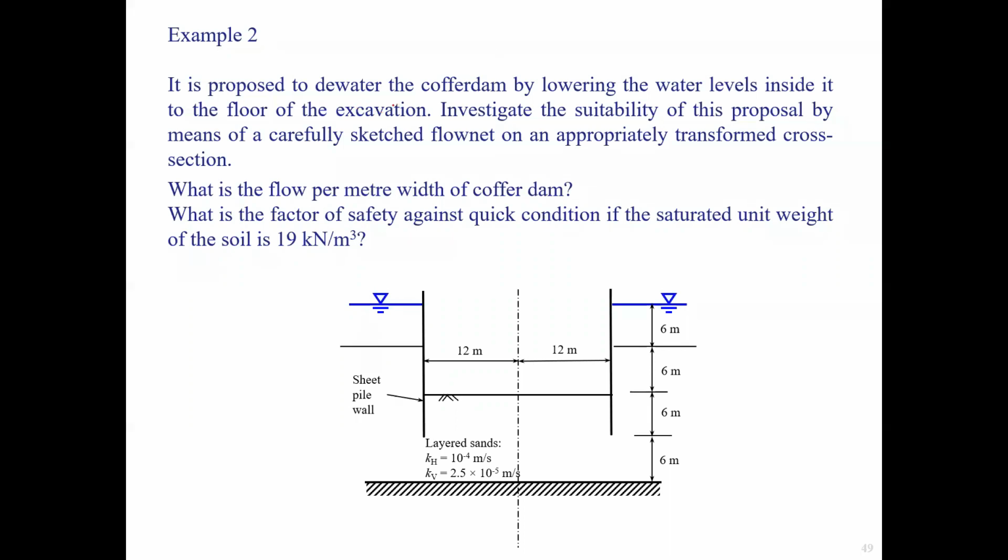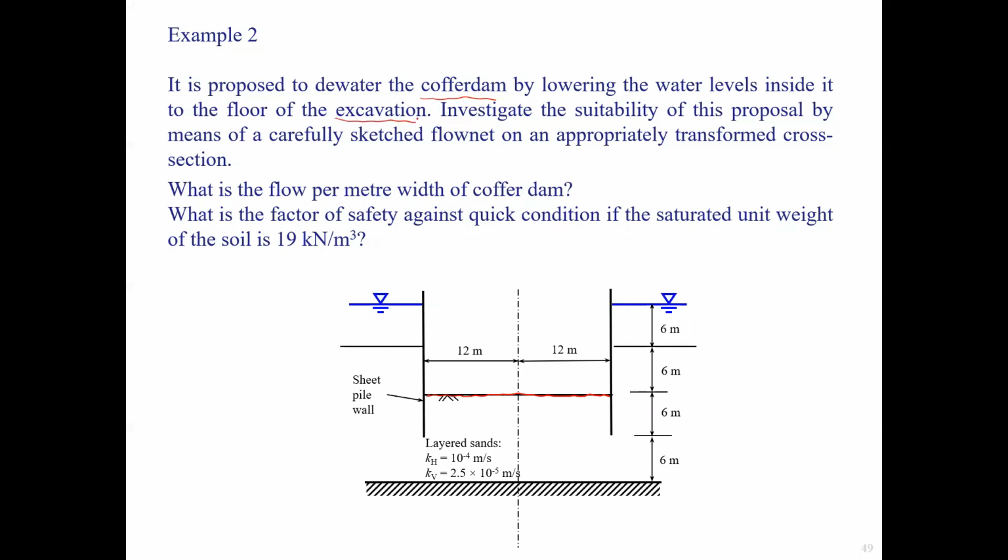It is proposed to dewater the cofferdam by lowering the water levels inside it. So that's the original water level. We insert the steel sheet pile and then dewater, and then excavate the soil, and that will be the ground, the soil surface within the sheet pile.